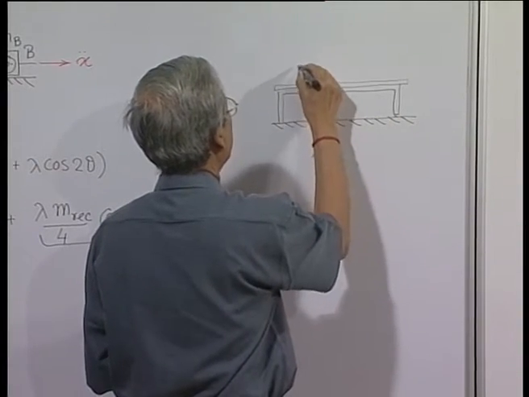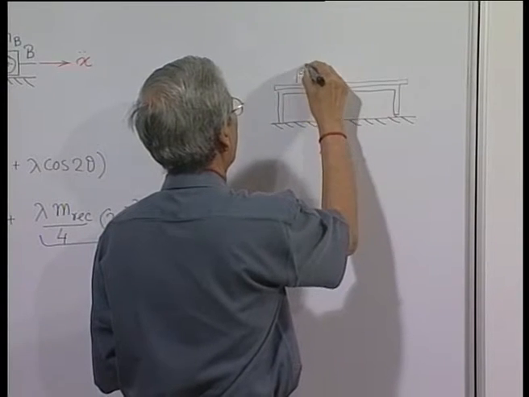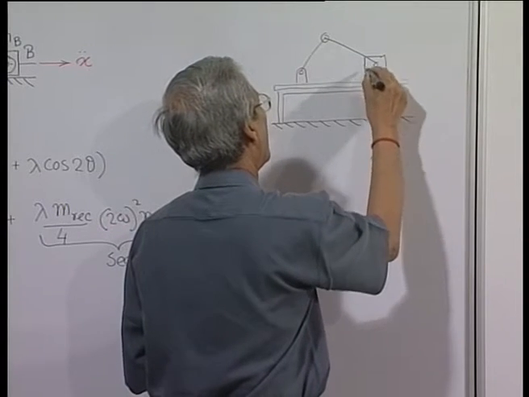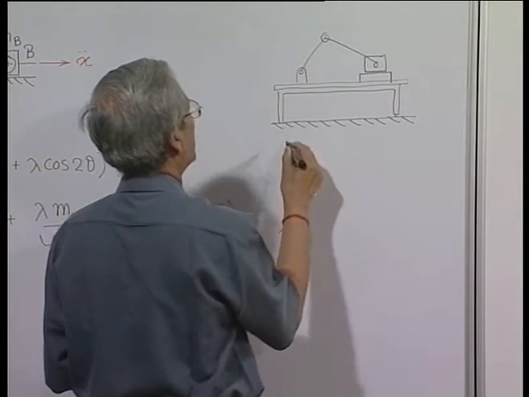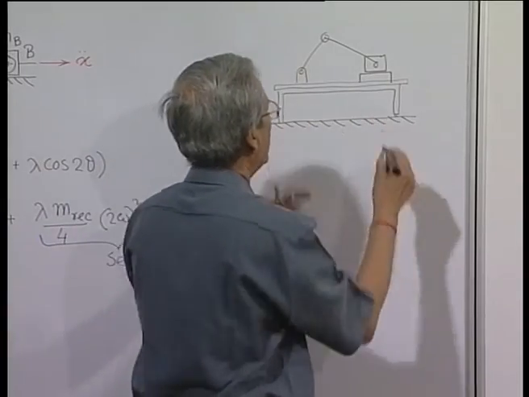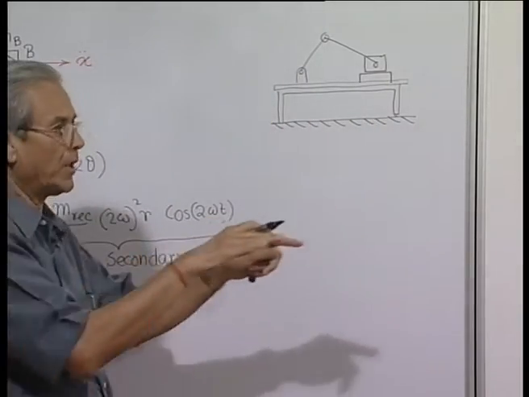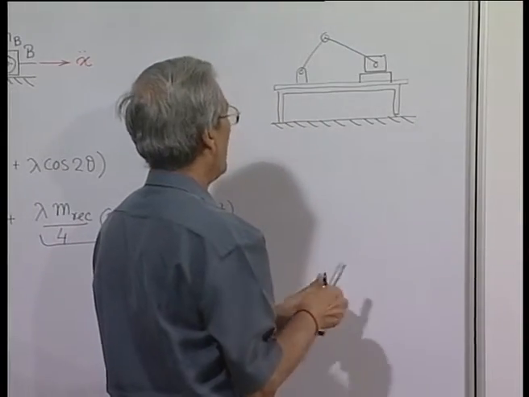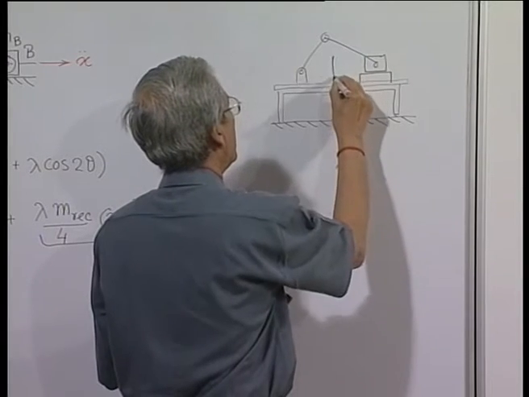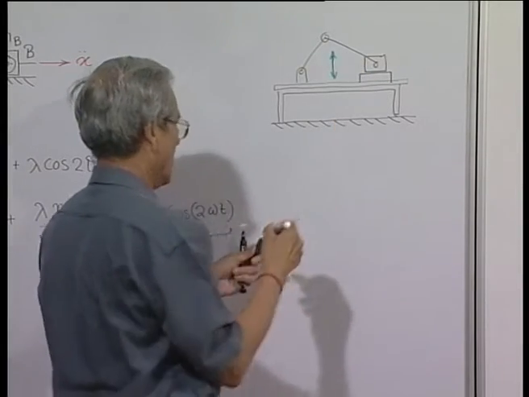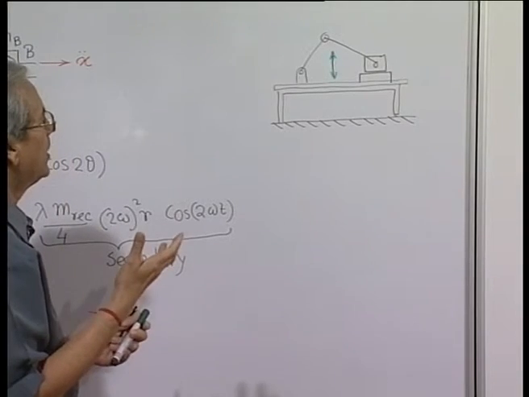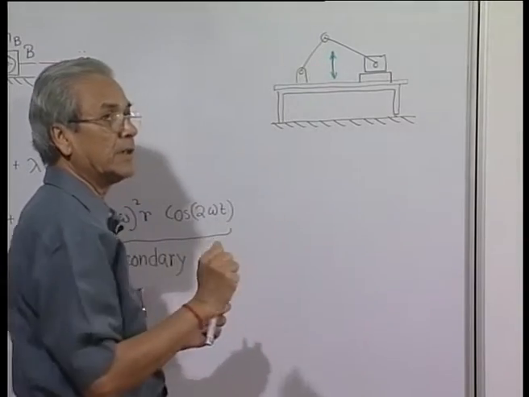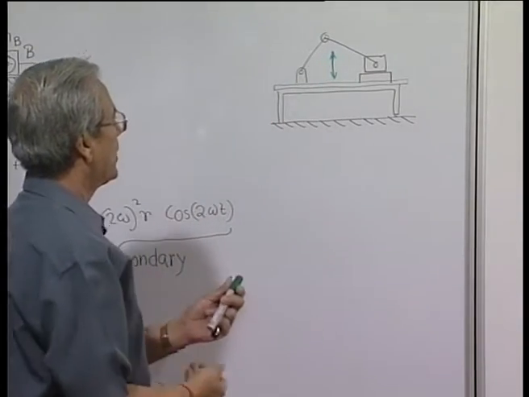And if we have the engine here, then a force in this direction may be less acceptable from the point of view of vibration of the support structure, whereas a force in the normal direction, in this direction, may be preferable, because the support structure may have much higher rigidity in the direction normal to the ground.